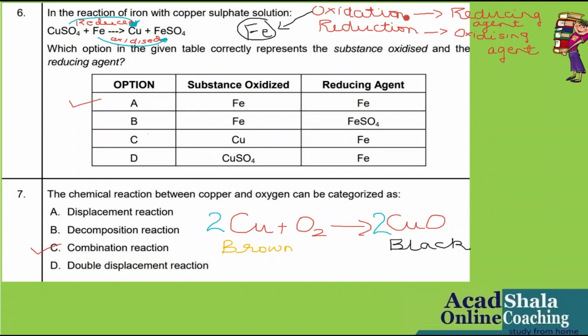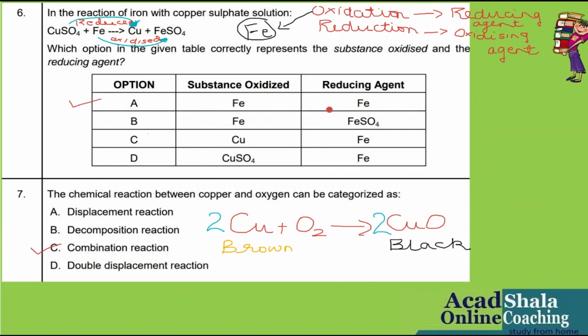According to the trick, oxidation is only the reducing agent. So when both are the same, that means iron is the substance oxidized, as well as iron is the reducing agent. So my first option A is correct.